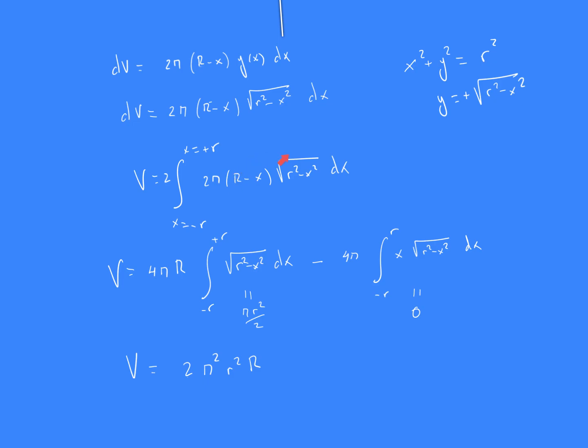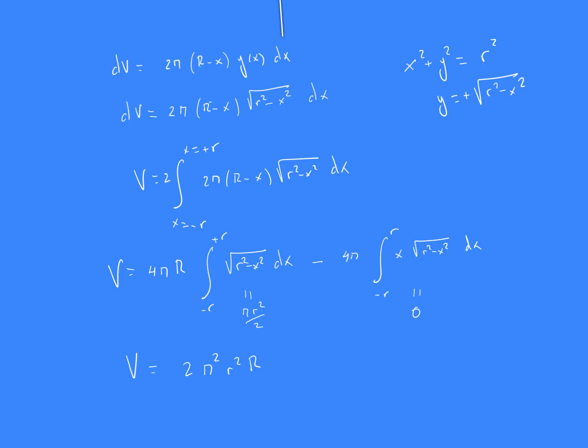One when I multiply R by this, and another integral when I multiply minus x by this. So it will be 4 pi R times the square root of r squared minus x squared dx, from minus r to r. And the other integral will be 4 pi times x times the square root of r squared minus x squared dx.